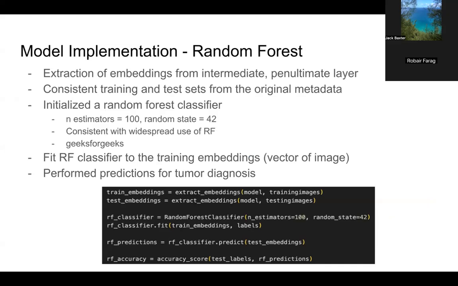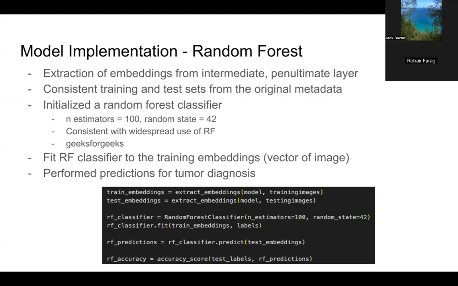And for the model implementation for the random forest, we use the extraction of embeddings from the intermediate to penultimate layer, consisting of training and test sets from the original metadata, to help us see what is going to happen in the future steps that we're going to take. We initialize a random forest classifier.